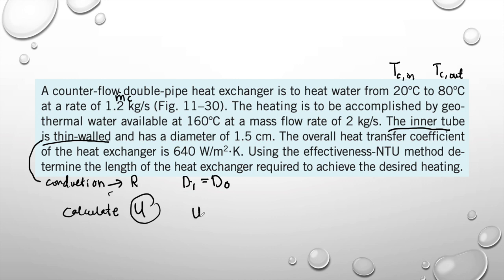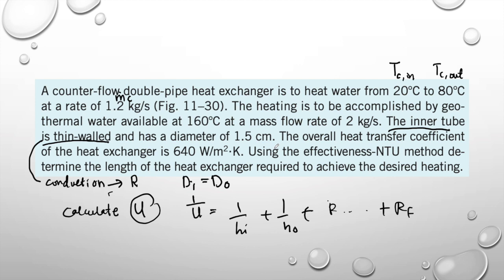As I explained before, we have 1 over h i plus 1 over h out, and this is 1 over U. Your system has only convection at the outlet and inlet. If you have conduction resistance, you have to put it here. If you have fouling, you have to include the fouling, and so on.